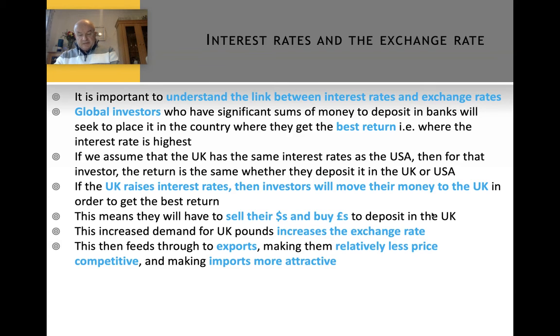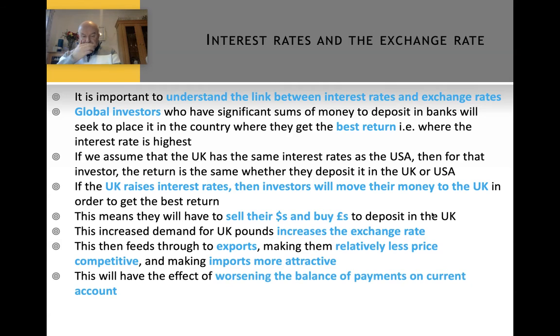And clearly, that is something that the government has to bear in mind, and also the Bank of England, because it's not just a simple case of changing interest rates. It's also thinking about how this is going to affect other key things within the economy, in this case, exchange rates and then imports and exports.